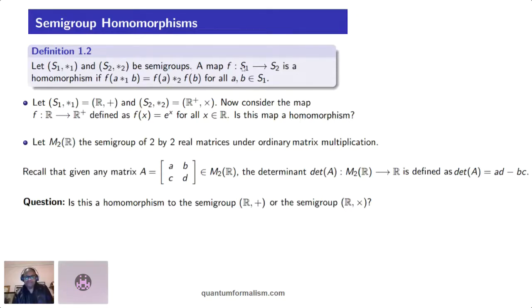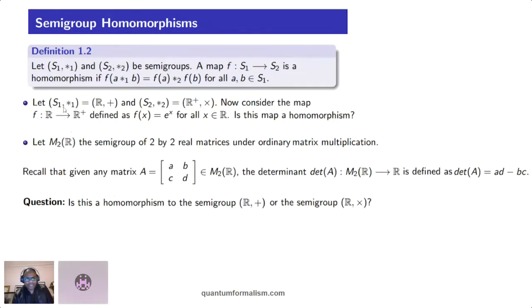Okay, a map from S1 to S2 is a homomorphism if it satisfies this: F of A star 1 B equals F of A star 2 F of B, for all A, B in S1. This is key. And here, this side of things is done on the second semigroup.